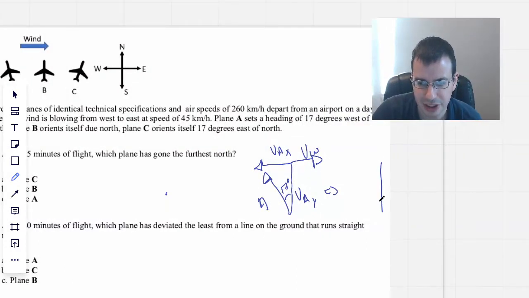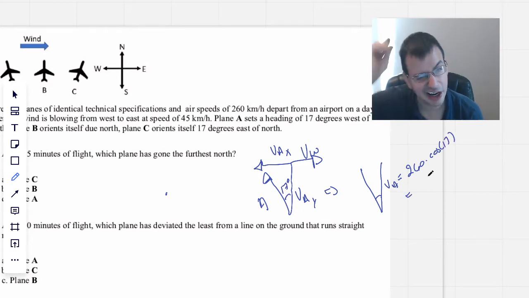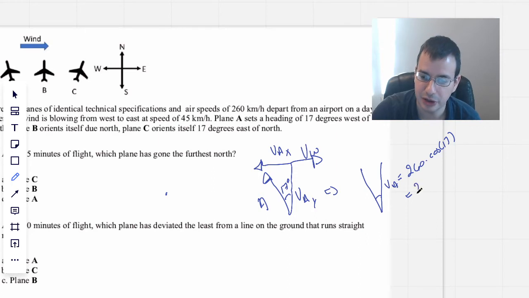So we know we have 17 degrees here. VA will be 260 times cosine of 17, which is about, I don't know, 240. Let's go to our calculator.